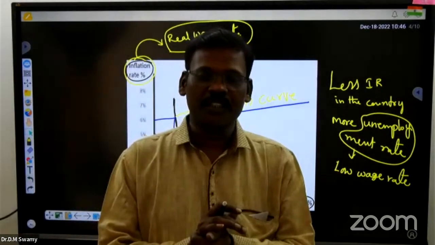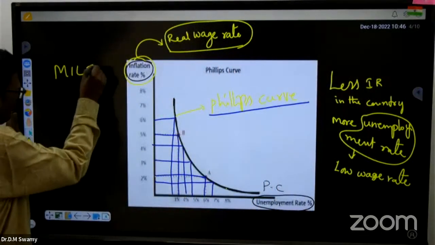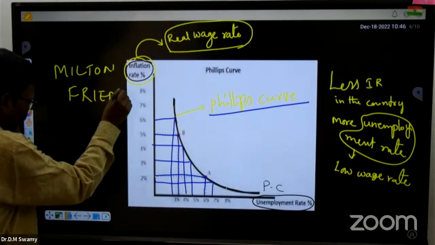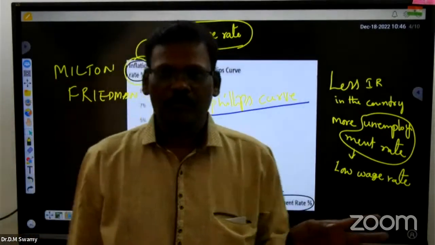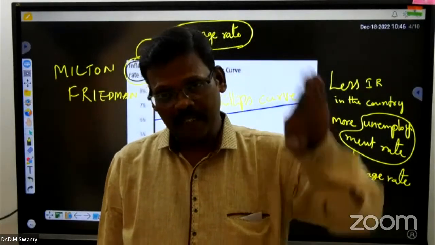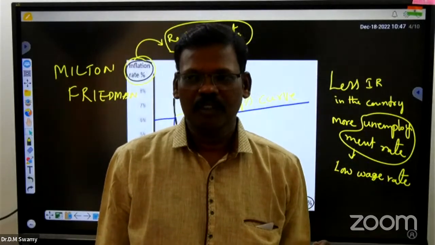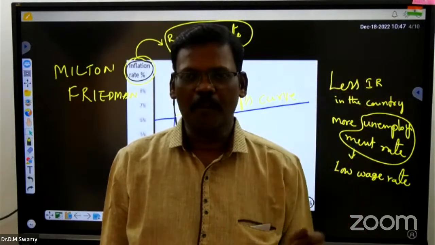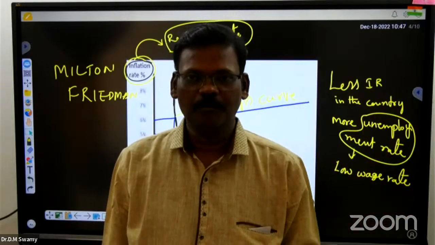Of course, this was criticized by the economist Milton Friedman. He argued that whatever Phillips said may apply in the British economy, but in the same capitalist economy as implemented in America, this concept did not hold.